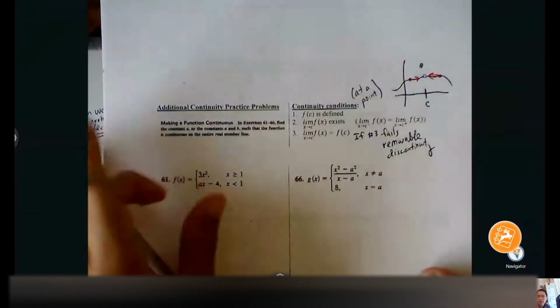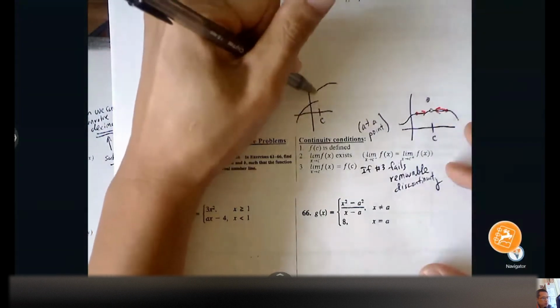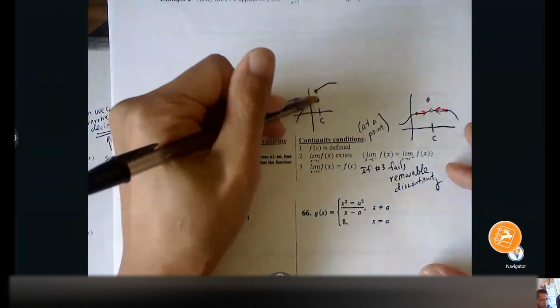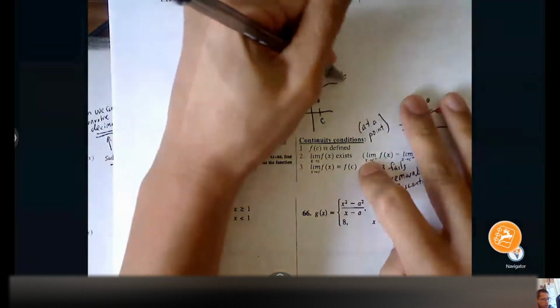If the limit fails, if the graph looks something like this, where if we pick points on either side they're not leading us towards the same y value, then number 2 fails. So if number 2 fails, we have a non-removable discontinuity.